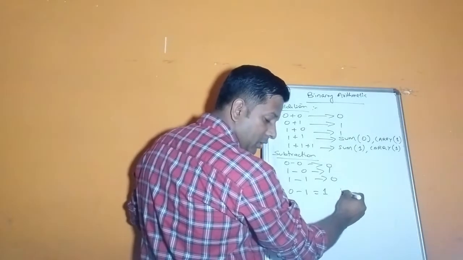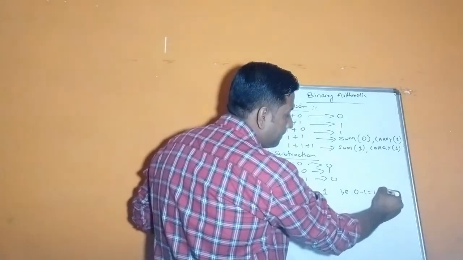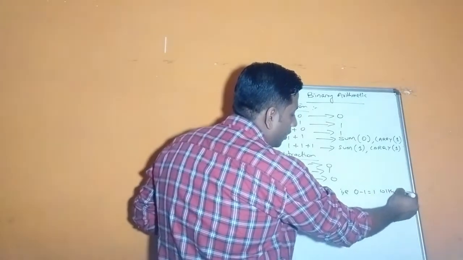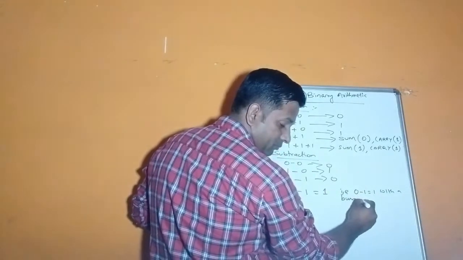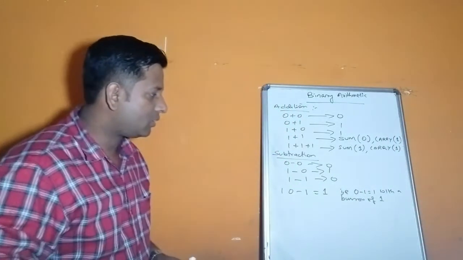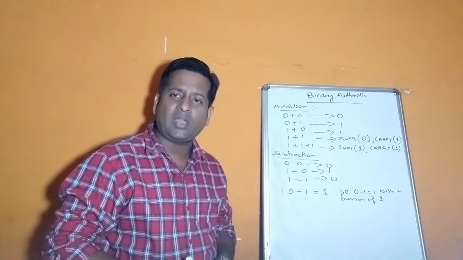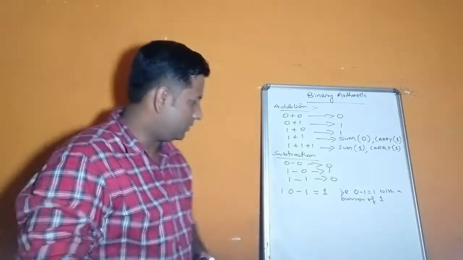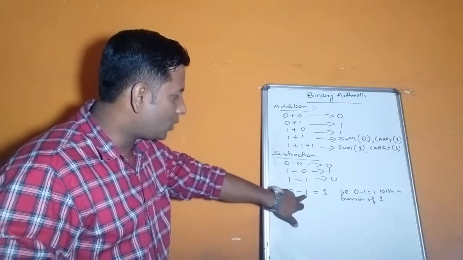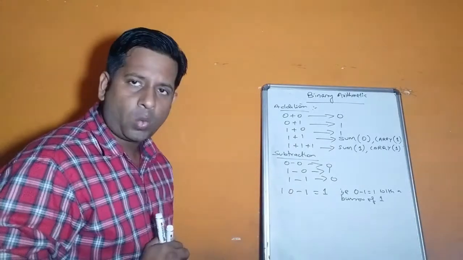That is, you can say 0 minus 1 is 1 with a borrow of 1. Okay, 1 0 minus 1. It is not ten again, it is 1 0 minus 1. So 0 minus 1 becomes 1, okay, with borrow 1.